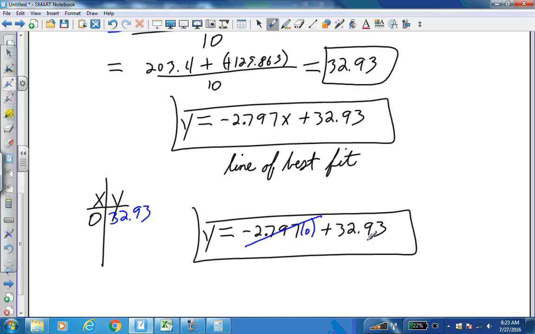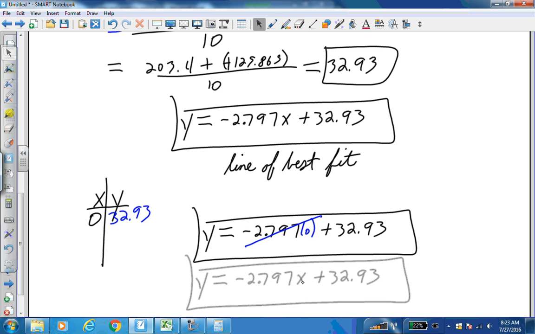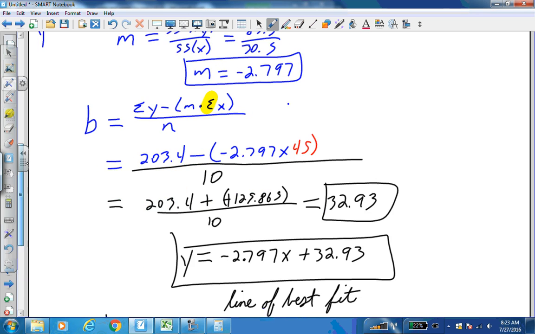Hence, that's the y-intercept, that's on the y-axis. If we need another point so that we can connect the dots, graph our line, just pick another value for x.